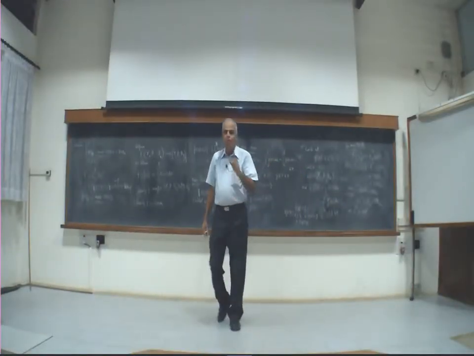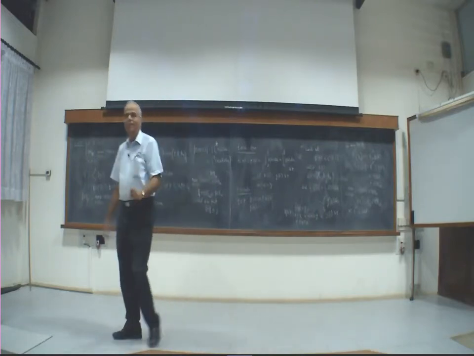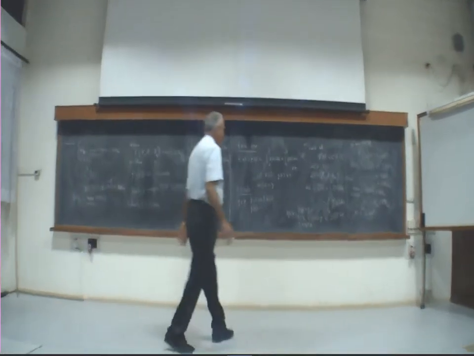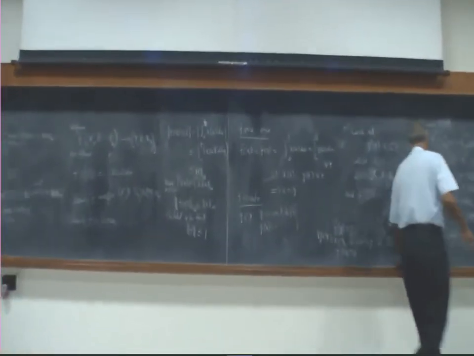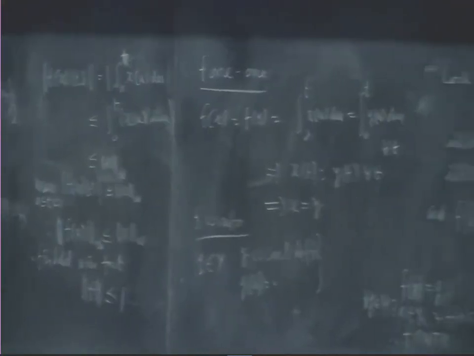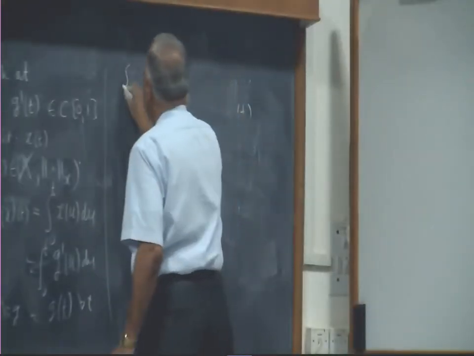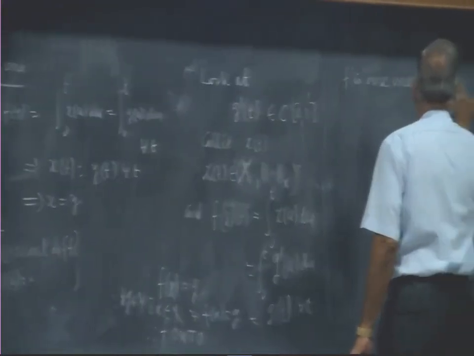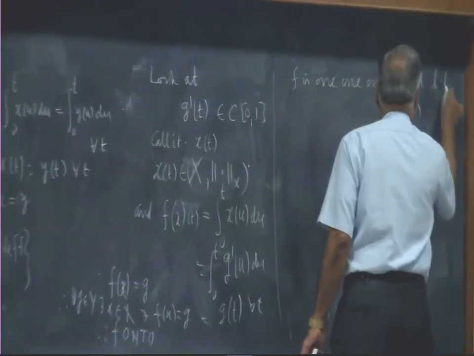So now I have a 1-1 onto linear transformation. Let me quickly sum it up. F is a 1-1 onto bounded linear transformation.